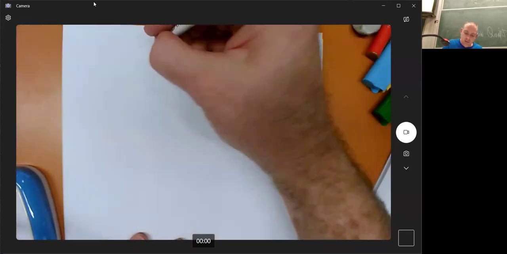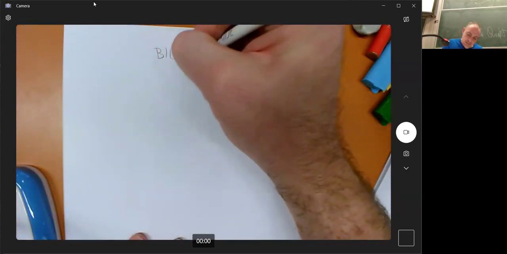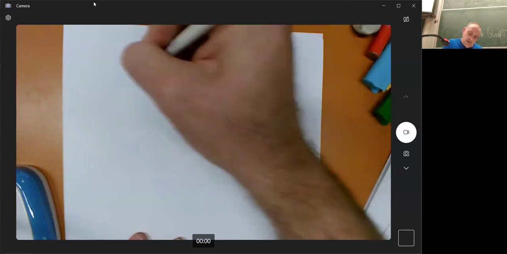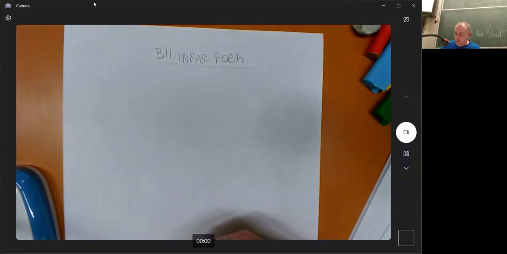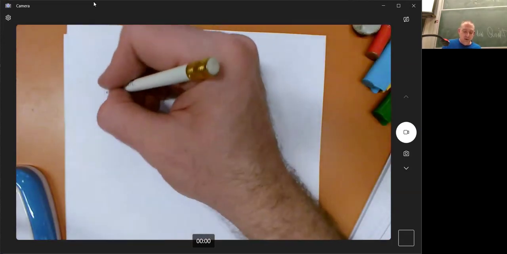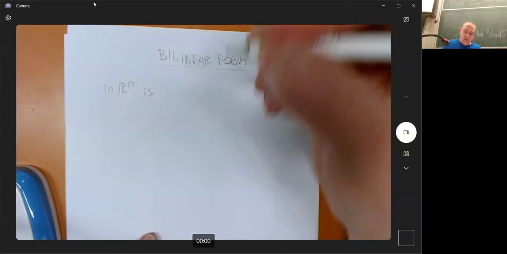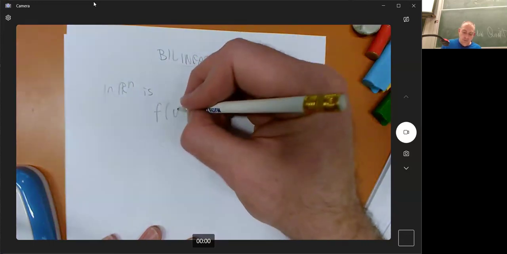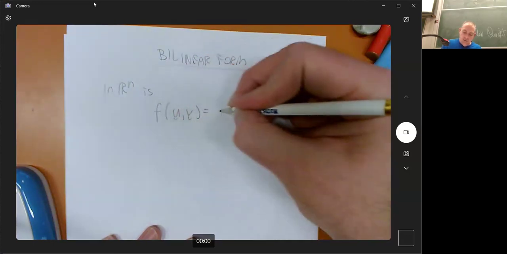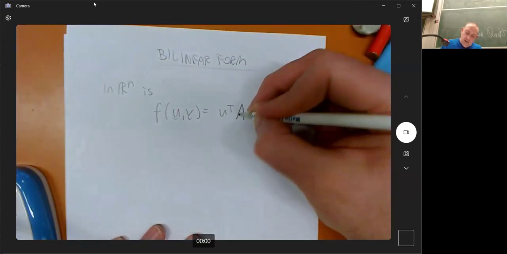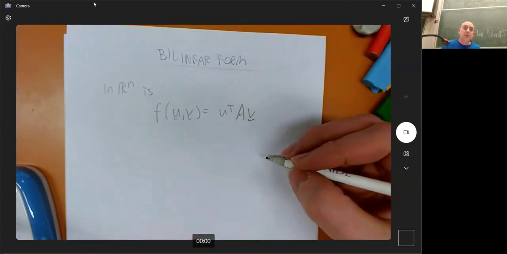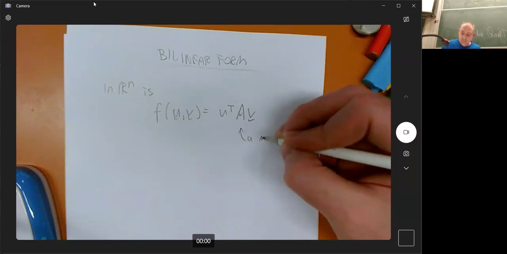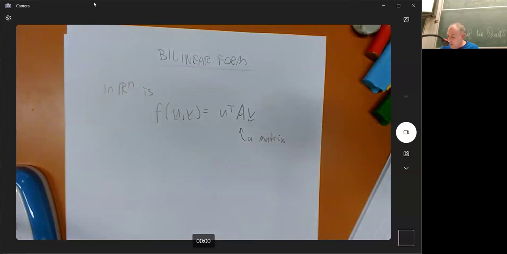And a bilinear form basically comes down to the classic version in Rn, something like f of u and v is u transpose A v, where A is a matrix. But not just any matrix.